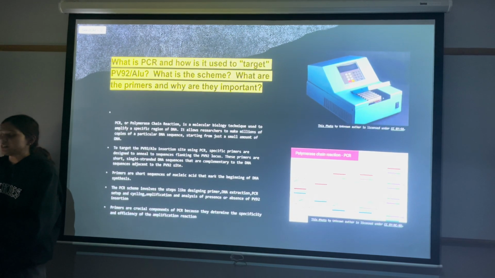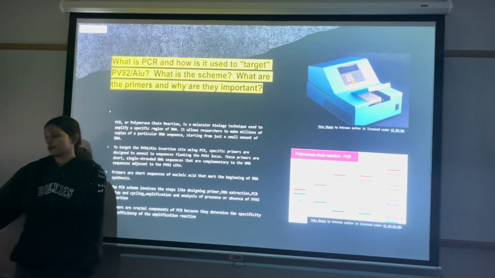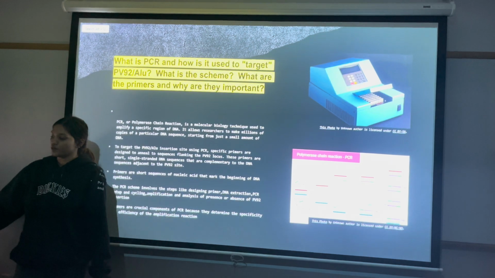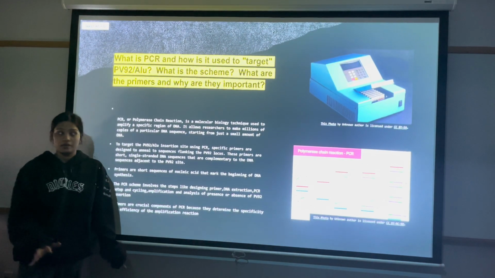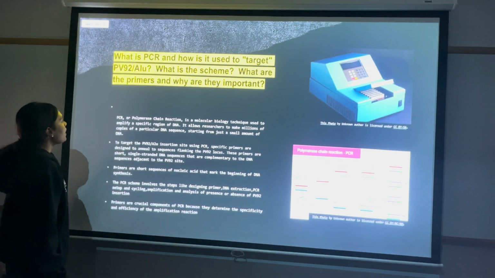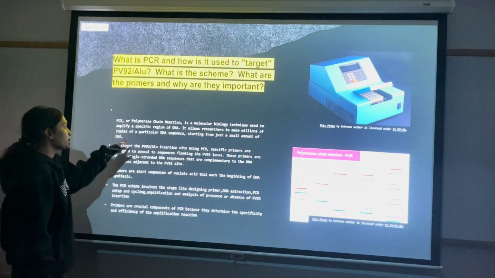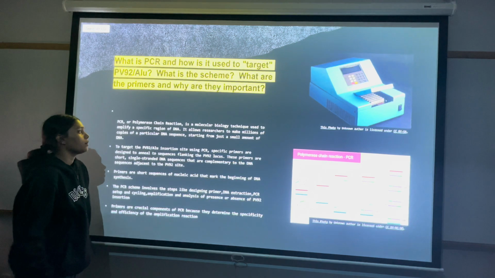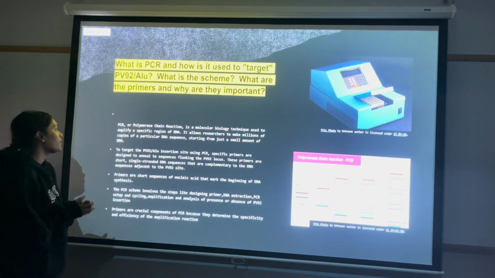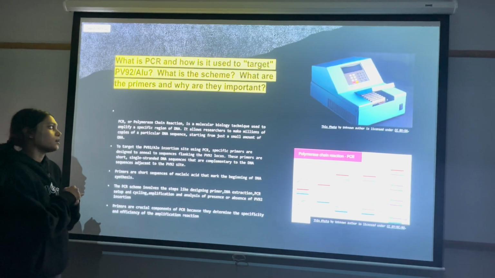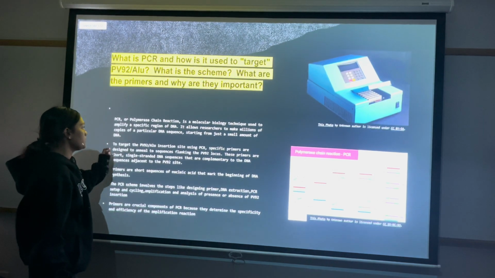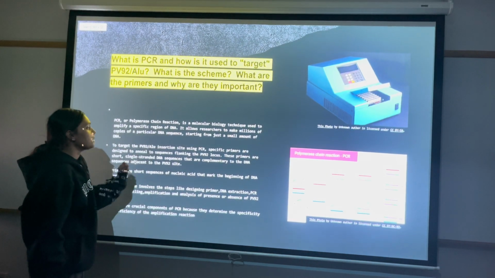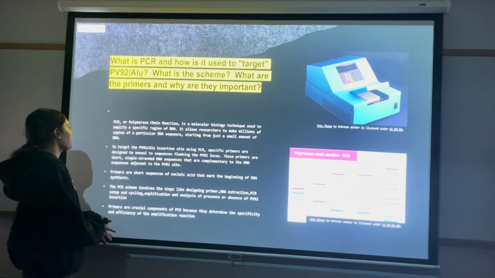So what is PCR and how is it used to target PV92 or ALU? And what's the scheme, what are the primers, and why are they important? PCR, or polymerase chain reaction, is a molecular biology technique used to amplify a specific region of DNA. So it allows researchers to make millions of copies of a particular DNA sequence starting from just a small amount of DNA.